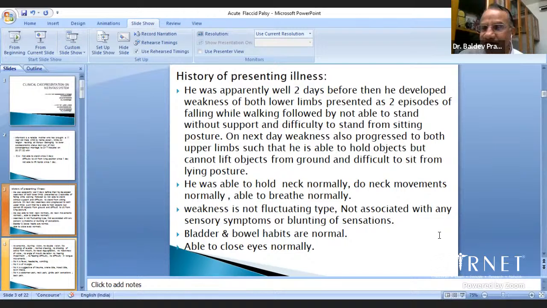But for 4 or 5 days he was not going to play, or not eating properly, not sleeping properly. All these issues will give you some idea that probably some problem started even before 2 days. And that will give you the idea.